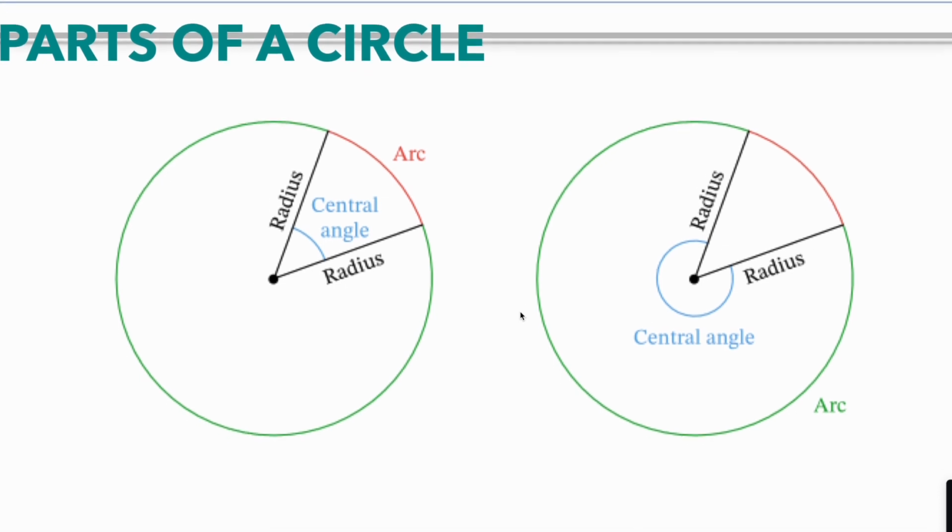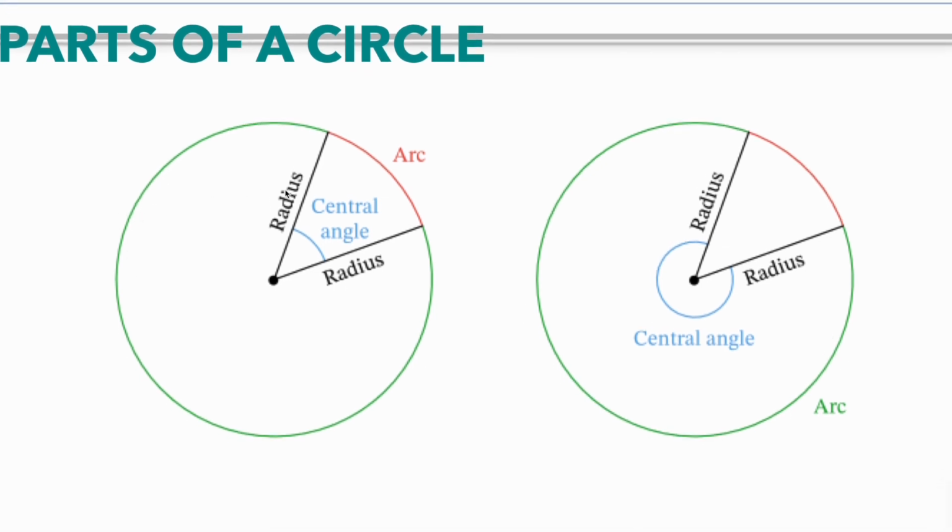Other parts of a circle: we've talked about the radius and the center, and then we have what is called the central angle. It is the angle that comes from the center when two radii hit the edge of the circle. When you have two radii that move out, they create a central angle.